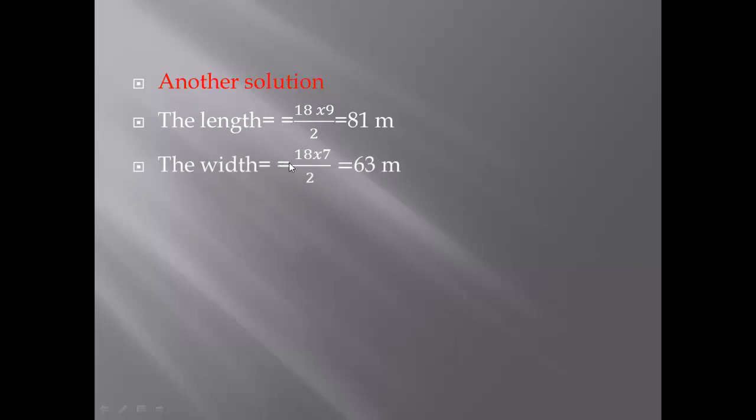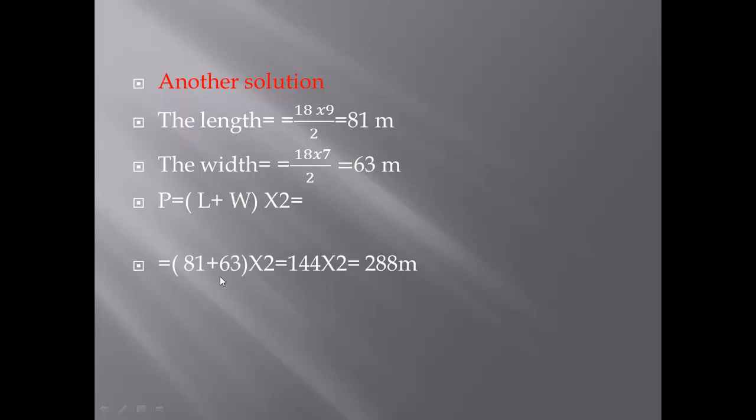The width, 18 times 7 over 2, is 63 meters. Then the perimeter of the rectangle equals length plus width times 2, equals 81 plus 63 times 2, 144 times 2 equals 288 meters.